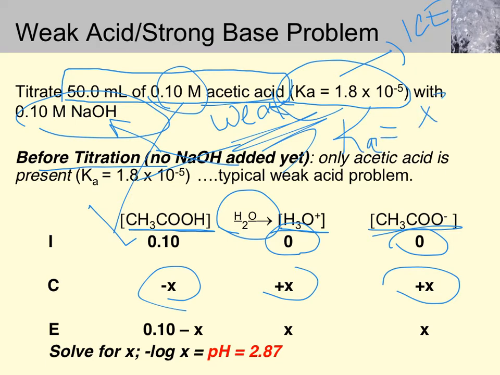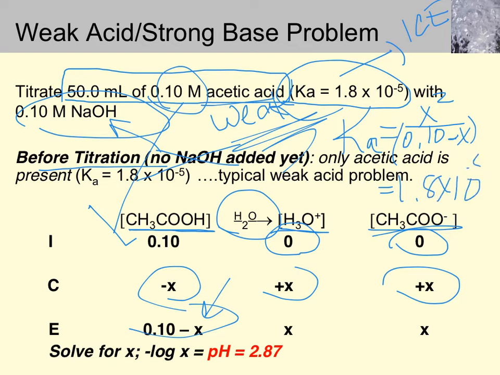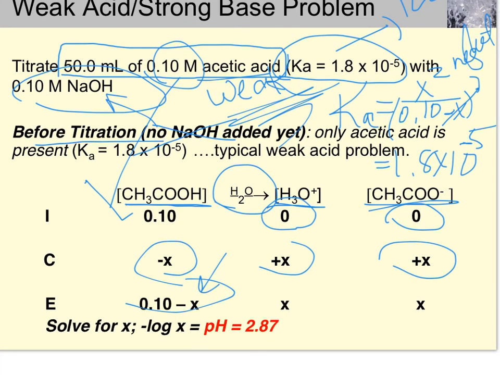So that would be x squared over 0.10 minus x, and that equals the Ka value, which is given as 1.8 times 10 to the minus 5. That is a small enough Ka value that we're going to go ahead and neglect x. We're going to show that we're doing it though. And you will find that when you solve for pH, you get the initial pH of this weak acid at 2.87.